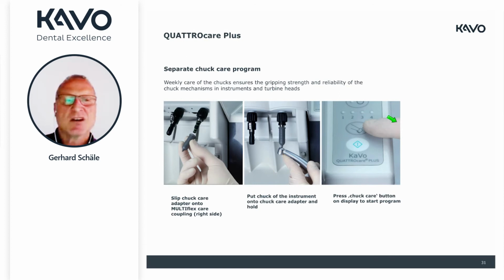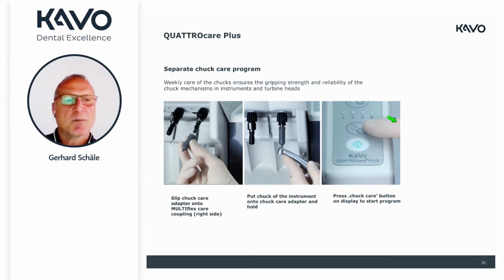You place the adapter on it first of all, and then once a week, this is what we always say, once a week before you do the ordinary cleaning, first of all, oil the chuck to loosen the particles, and afterwards you do the ordinary cleaning program by placing the turbine, the red ring instrument or the head on the corresponding adapter, and then the already loosened particles will be flushed out of the instruments.